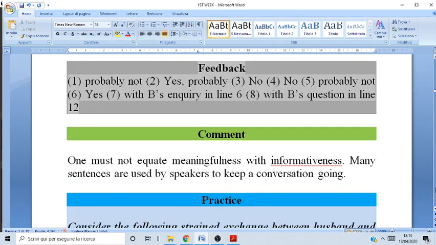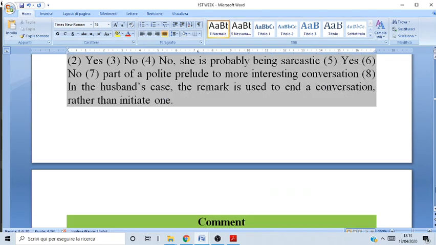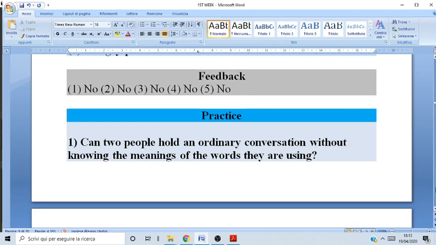We said that something can be meaningful without being informative, without adding new information. And that, depending on the speaker, the same sentence can get a different meaning.